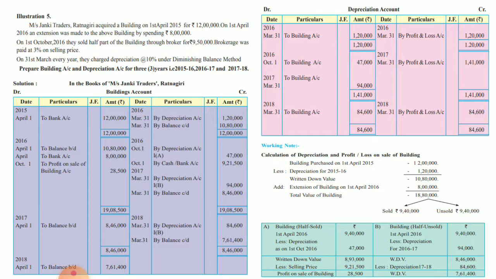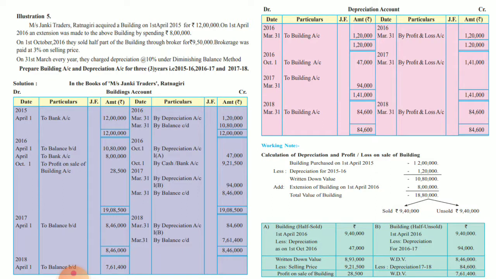It is before the year end that they sold the building. So we have to divide the value of the building, that is 18,80,000, into two parts, sold and unsold. When we divide 18,80,000, we get 9,40,000 and 9,40,000.